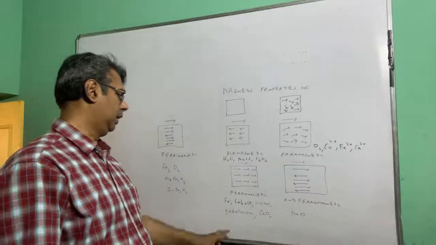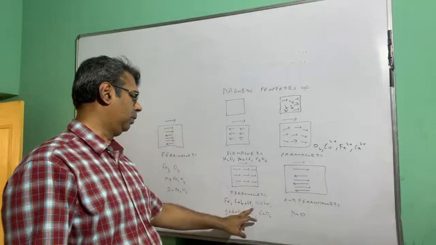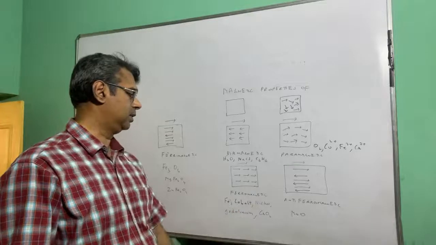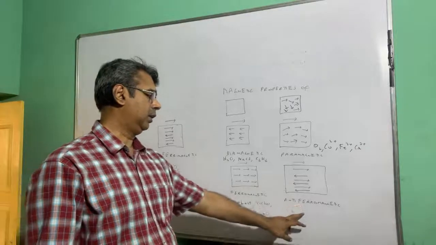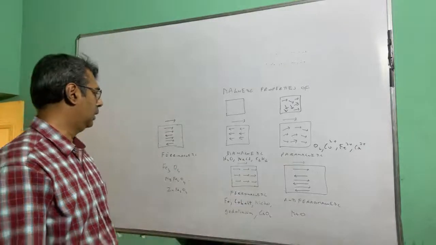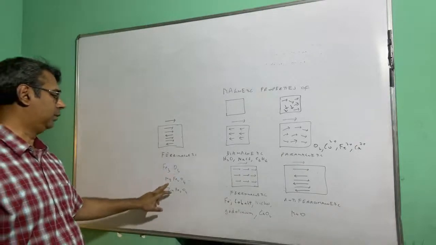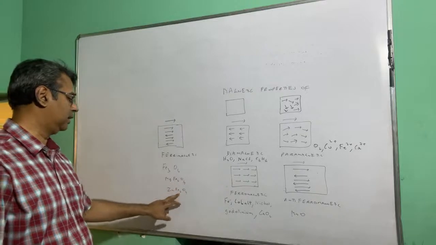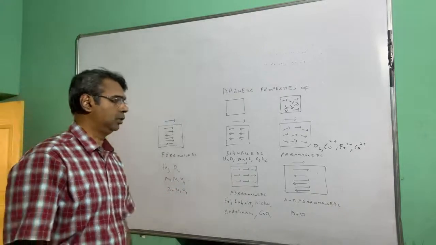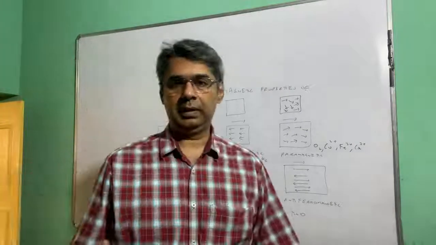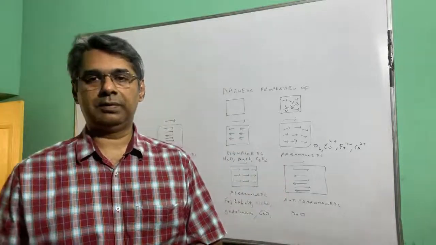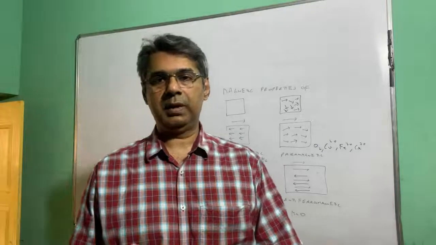Ferromagnetic examples are Fe, cobalt, nickel, gadolinium, and CrO2. Antiferromagnetic is MnO. Ferrimagnetic examples are Fe3O4, MgFe2O4, and ZnFe2O4. So these are all the descriptions and examples of the five types of magnetism displayed by solids.